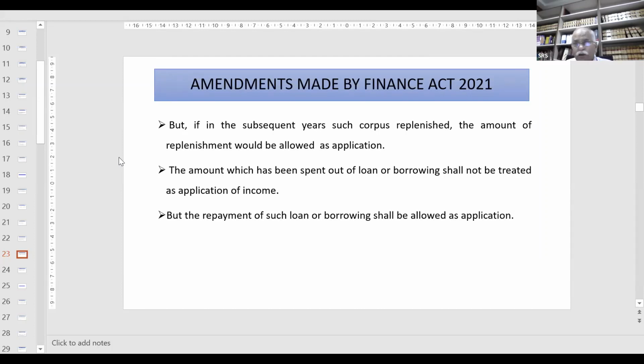So therefore, can I use the same argument here to say that I'm a company, I've issued debentures and I have spent out of that, and therefore it is not out of loan or borrowing? It's an issue, but as I said earlier, my personal view is that the decision of the Supreme Court in Aqua is not the right decision, because in any sense of the term, a debenture is a borrowing.